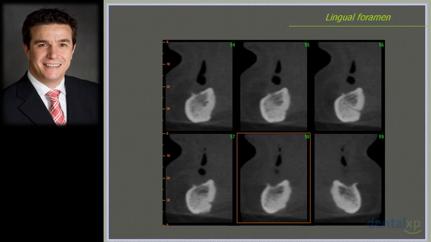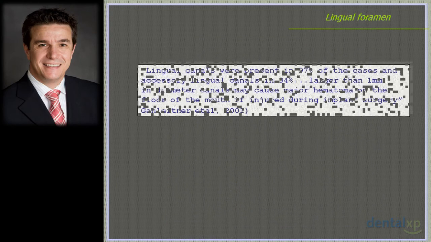If this vascular canal has considerable diameter, it may bleed significantly, and this is something that we need to keep in mind and be able to identify, in order to avoid that location if it is identified in our scan. If its diameter is less than 1 millimeter, the literature says that the bleeding is not going to be significant.